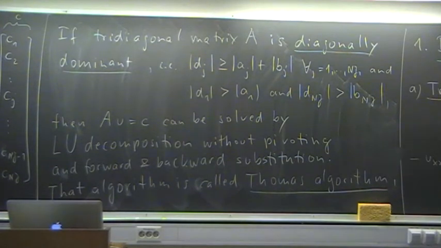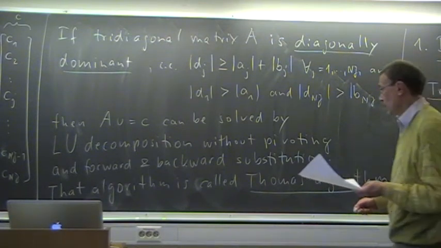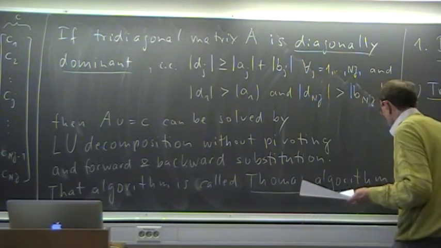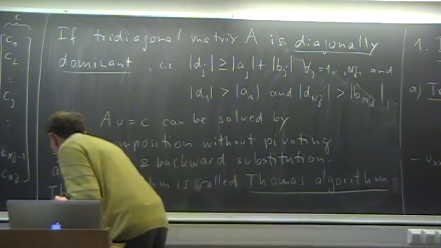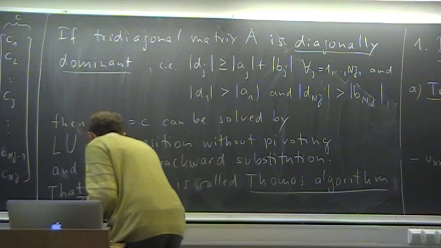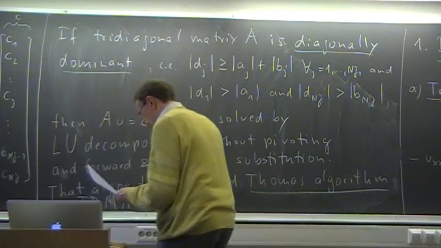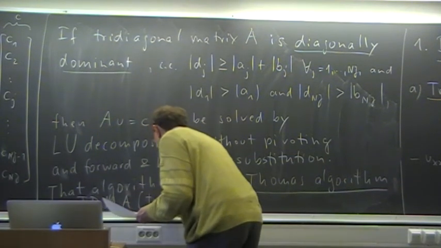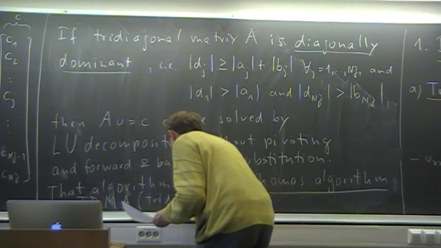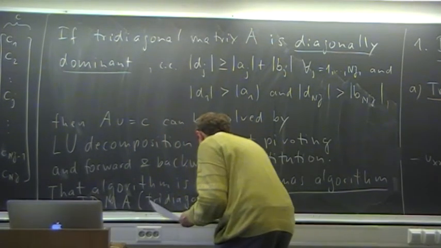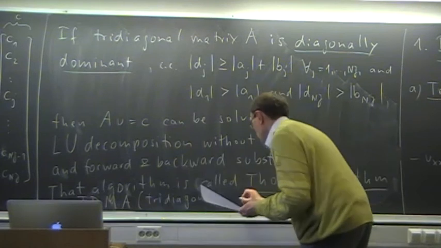Another name for that is used quite a lot by people doing incompressible flow simulations. It's called TDMA, the Thomas algorithm, or TDMA, which stands for tridiagonal matrix algorithm.